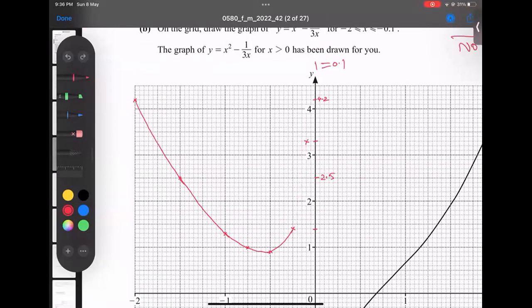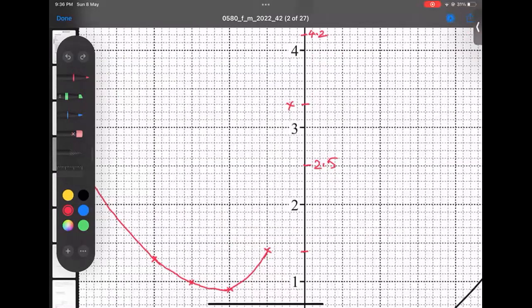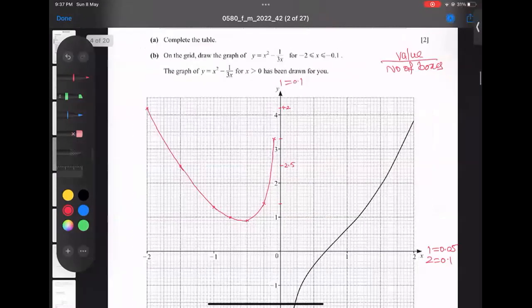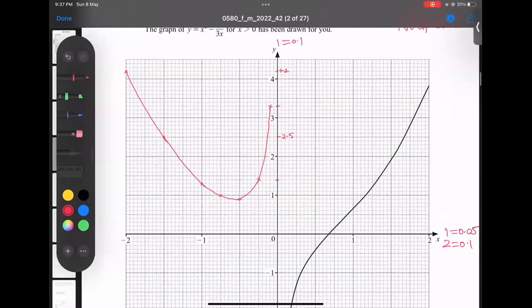Wait a minute. Slightly, my hand is unsteady. I think this is better, the graph. Alhamdulillah, the graph is so smooth, I got it.